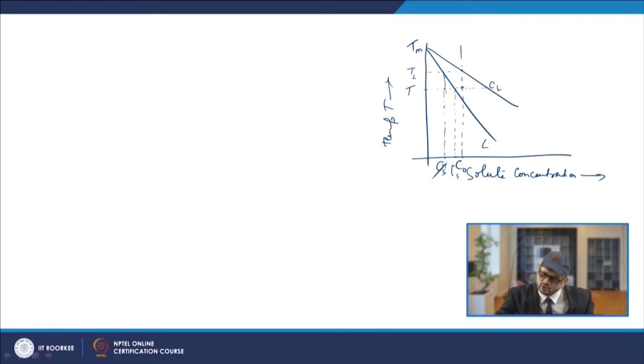This is your solidus line, and this is known as the liquidus line. The concentration of the solid which is crystallized follows this line, and that of the liquid follows this line.